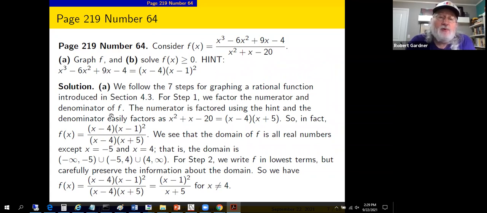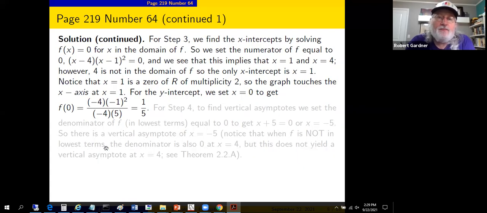So the numerator will be 0, looking just at the numerator, at 4 and 1, but we can't use 4. That's not in the domain of the function. So looking at the numerator and setting it equal to 0, that condition alone implies x equals 1 or x equals 4. 4 is not in the domain of the function, so we can't use it, and the only x-intercept is x equals 1.